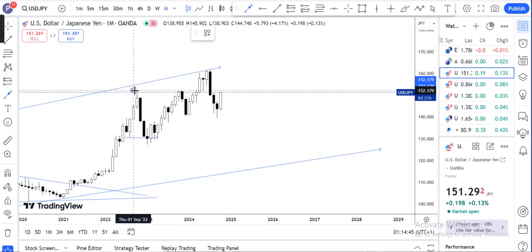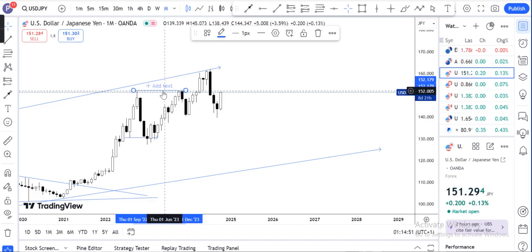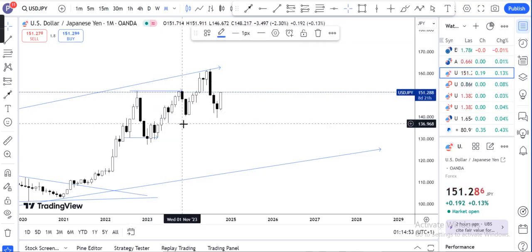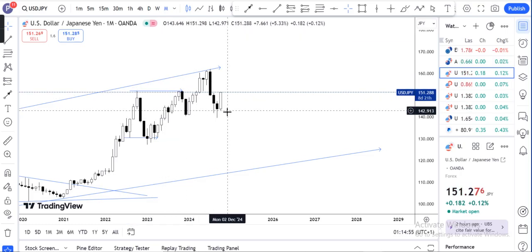And then we also can see this area, which is our break of structure.